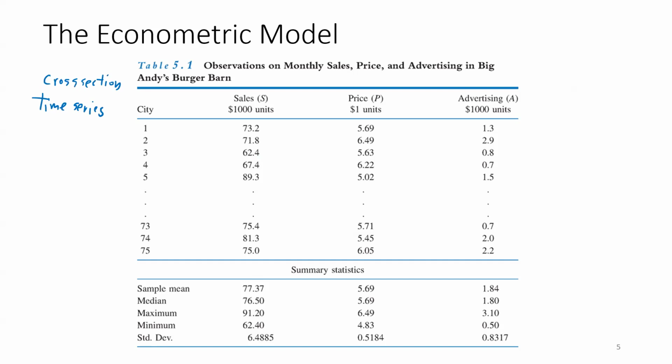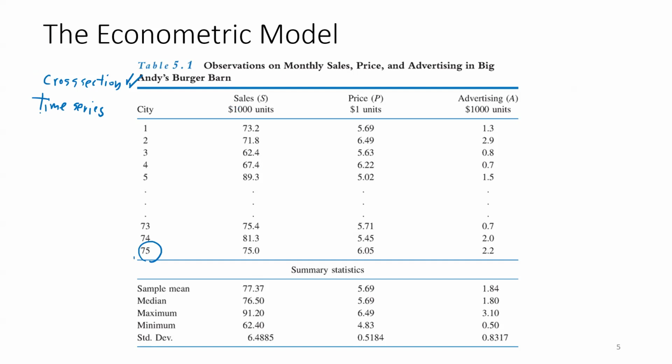You can guess. Cross section. Yes. So if we collect the data at one time, we have several branches of data. So we get 75 branches, one from each city. So this type of data we call cross section.